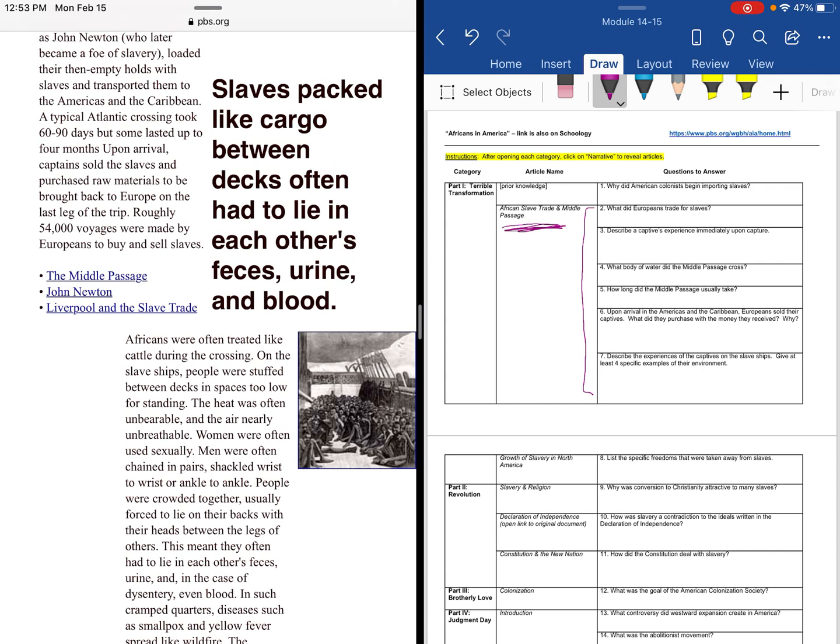The heat was often unbearable and the air nearly unbreathable. Women were often used sexually. Men were often chained in pairs, shackled wrist to wrist or ankle to ankle. People were crowded together, usually forced to lie on their backs with their heads between the legs of others. This meant they often had to lie in each other's feces, urine, and in the case of dysentery, even blood.